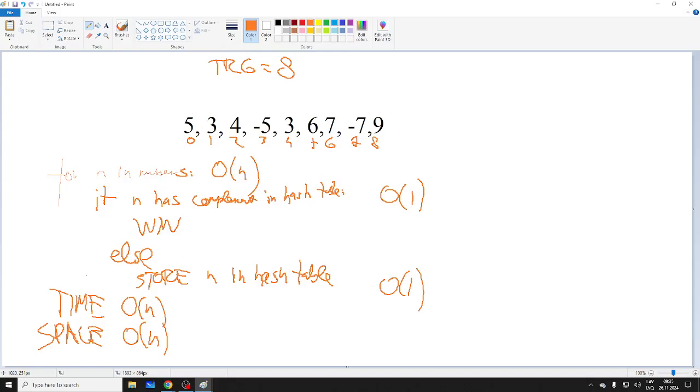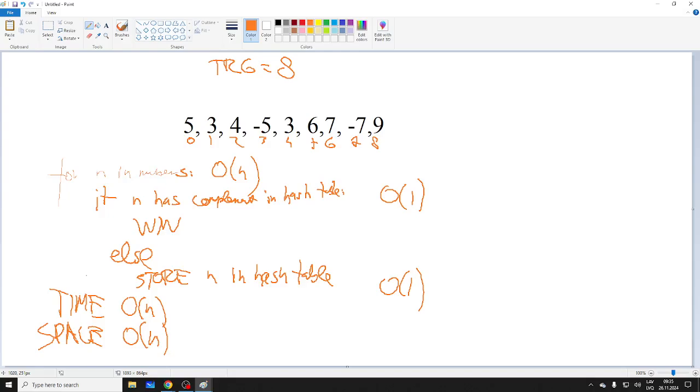So what do we store in the hash table? We need the keys. Keys would be the value. Or rather, you want the complement value, and you need to find what it will be. So let's think how this would work. If n has a complement, what does it mean here?